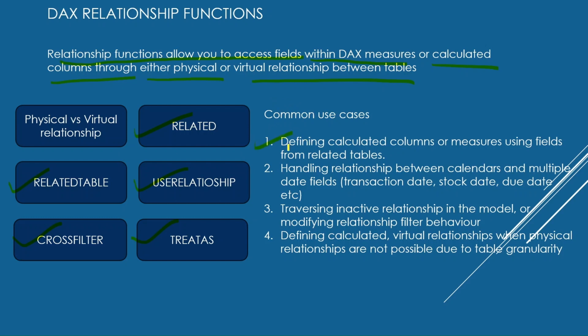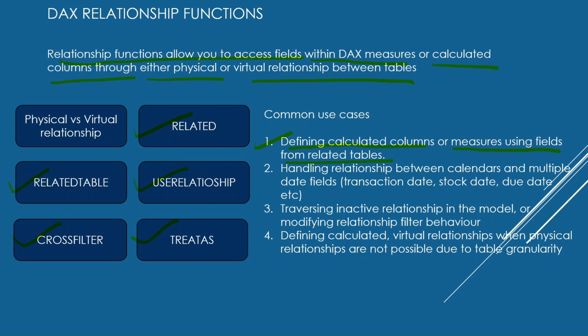The first use case is defining a calculated column or measure using a field from the related table. Suppose we have a table known as the AP sales by store table, and we want to create a calculated column, and the name of the column is present in the AP customer lookup table, but there is a relationship.